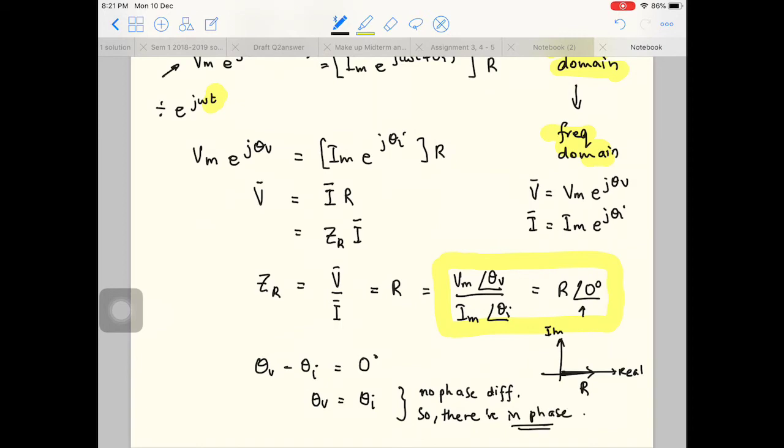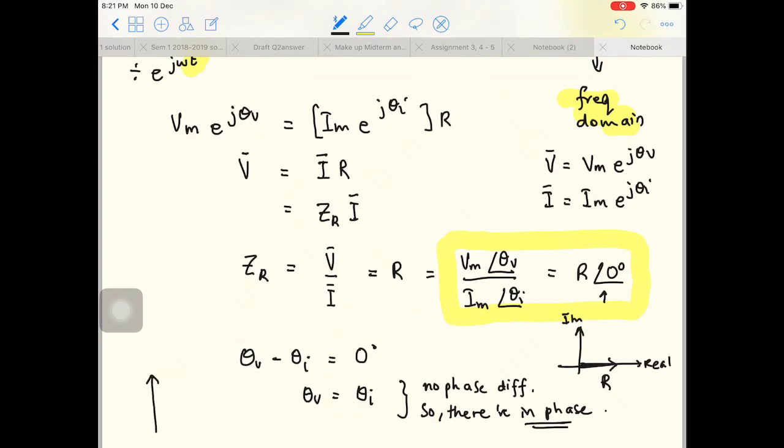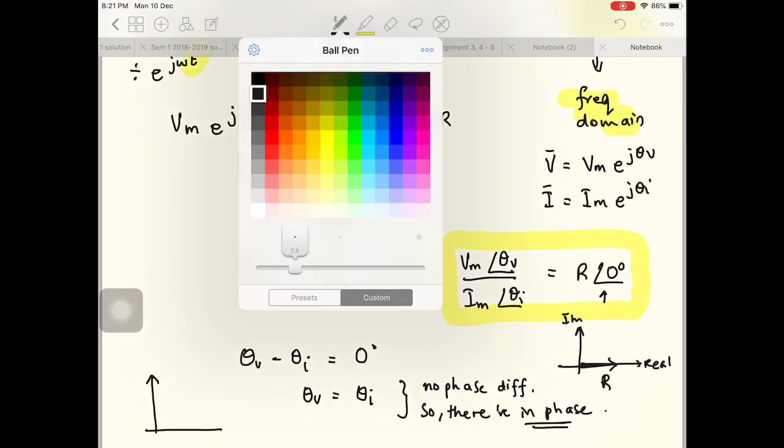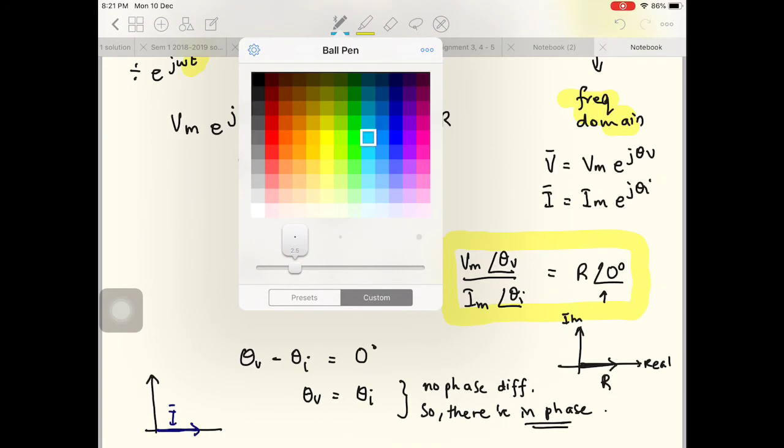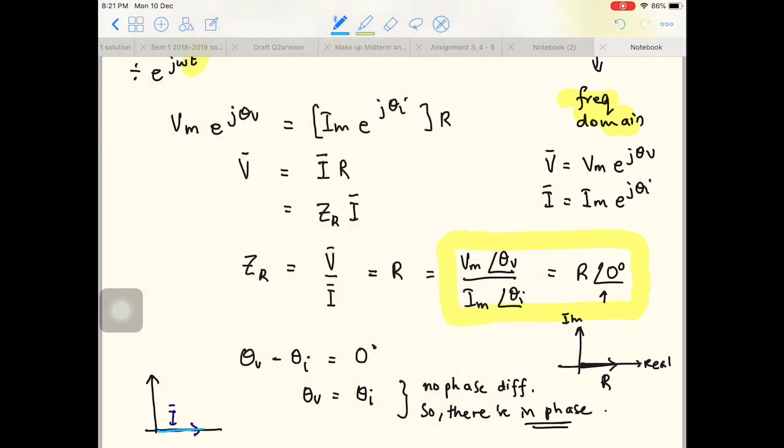Okay, in phase. So how do we draw this? Maybe this is for the current here, and the other one is for the voltage here. So they are in phase. In terms of the complex plane, there is no phase difference, so they are in phase.